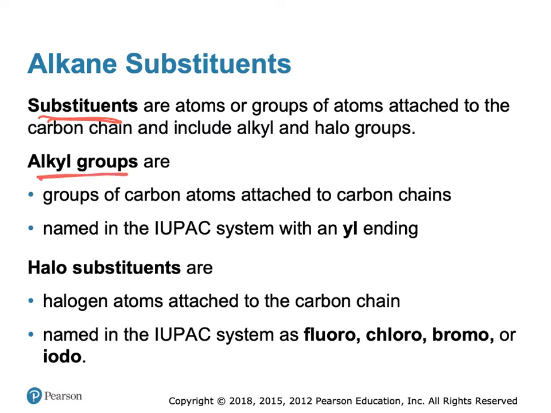So we're going to have to apply a different strategy when naming that compound. Again, if you have a compound with C4H10, but you only have a linear chain of 3, it's not going to be butane. Instead, it's going to have a different name. And this group, this carbon that we removed from the end, is known as an alkyl group. And it is going to be named as a substituent with the -yl ending.